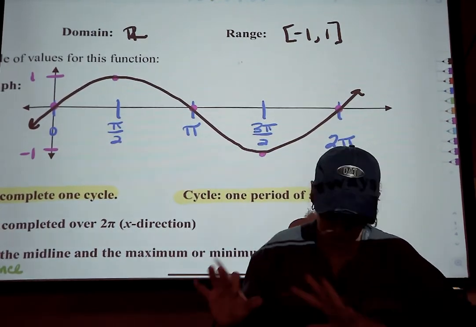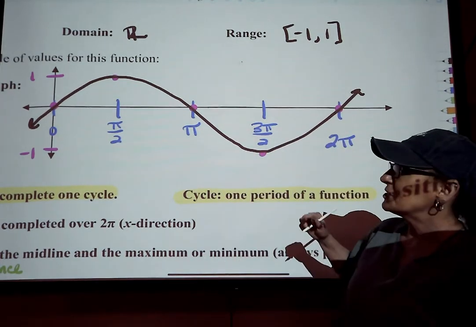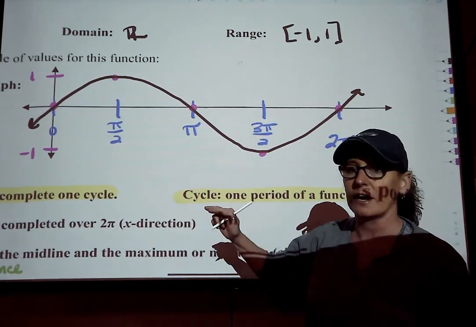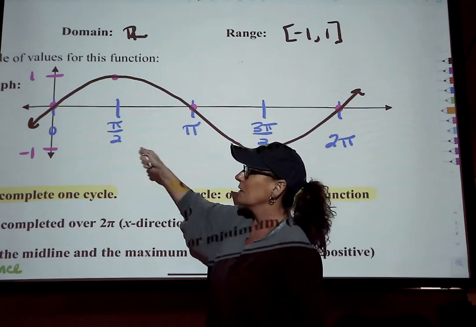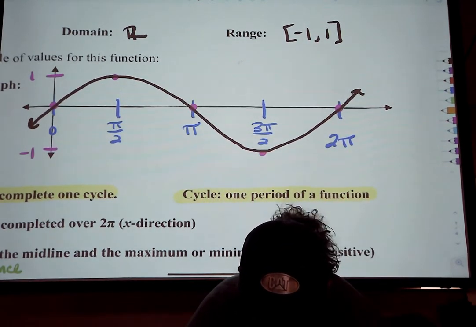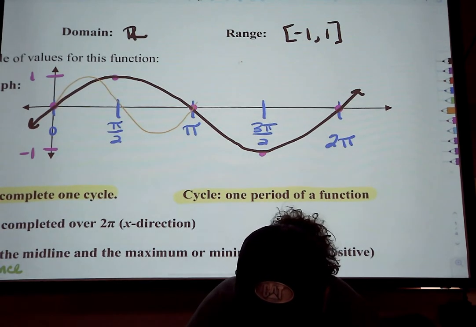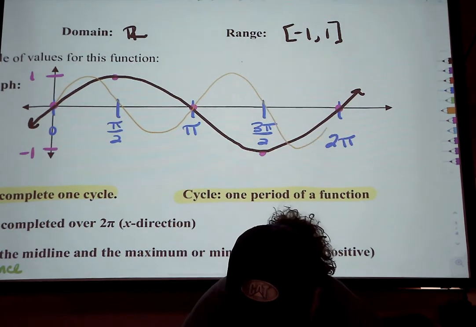Don't do this in your notes. Don't draw this. But let me switch colors. I might squish it so that I get 2 cycles in here.